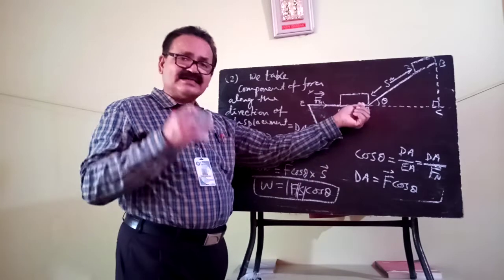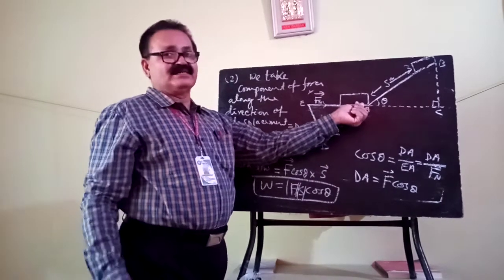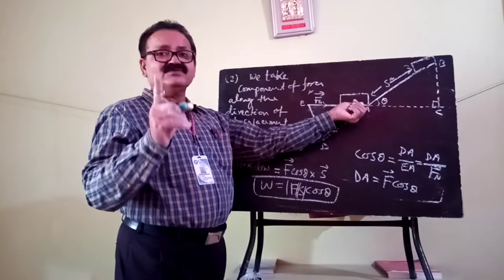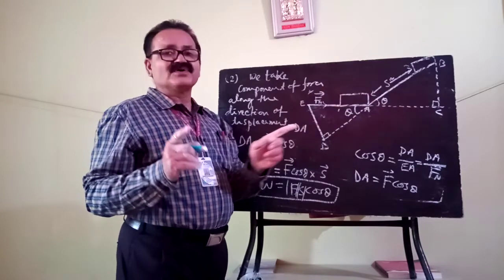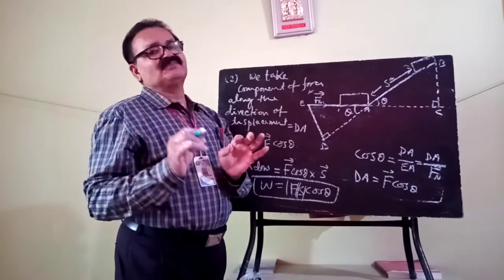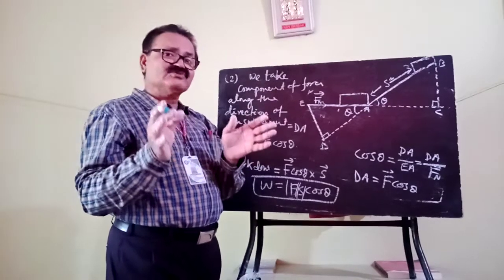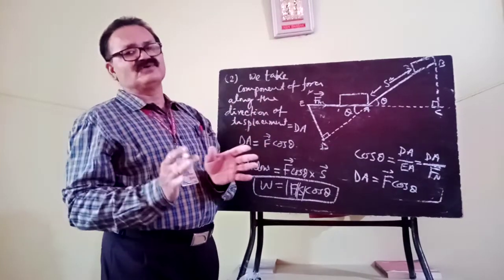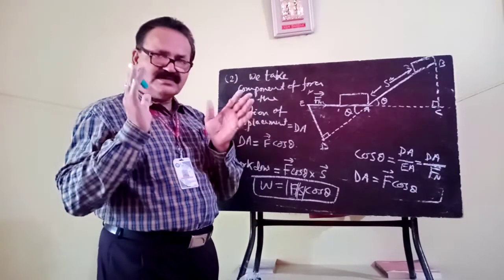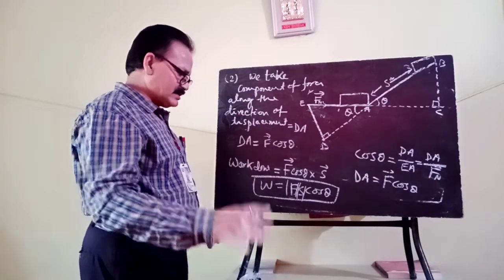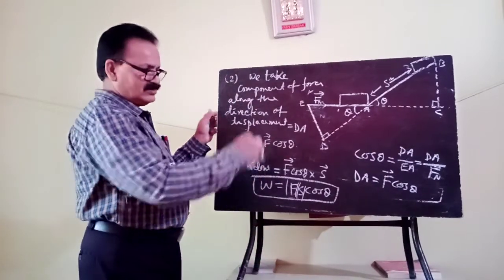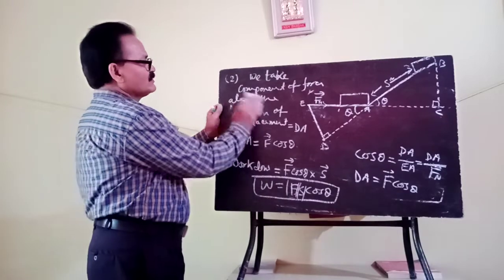The striker stops after delivering the entire force on the coin. In the first situation, when we determined the component of displacement, we used the entire force for calculation of the amount of work done. Clear? Okay?